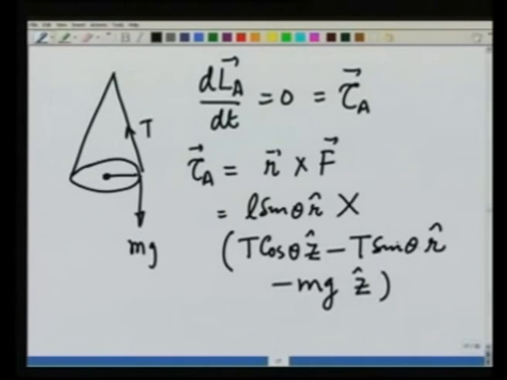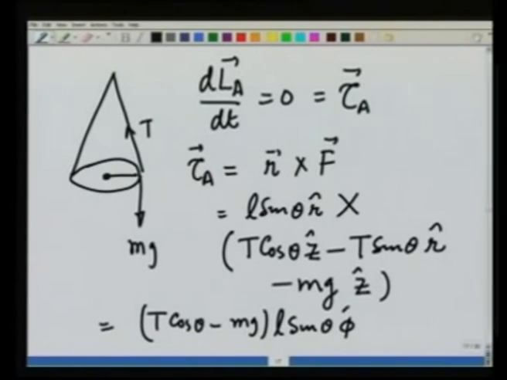R cross r is 0, and therefore, when I take torque about A, I get r cross z, which is minus phi, times (T cosine theta minus mg) times L sin theta, in the minus phi direction, and this must be 0, because dL_A/dt is 0.